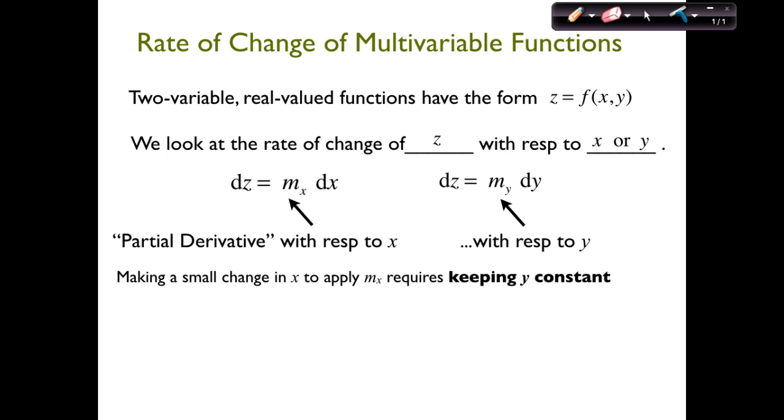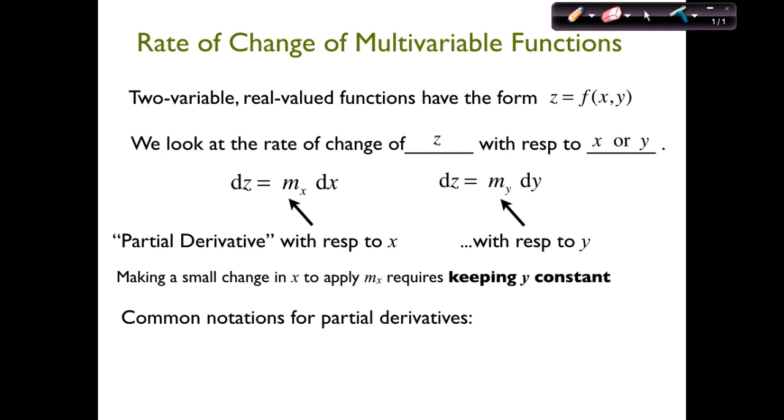Because if you let y change and x change, you don't know what the change in z is, how much is attributed to x versus how much is attributed to y. Okay, so we're going to keep y constant and let x change and then see what the change in z is. And likewise, for the partial with respect to y, we're going to keep x constant, and then see how z changes with respect to changing y.